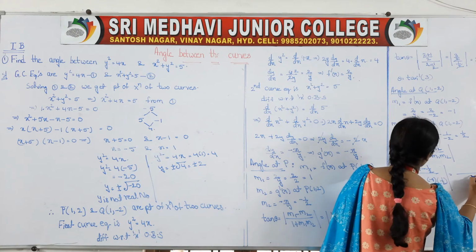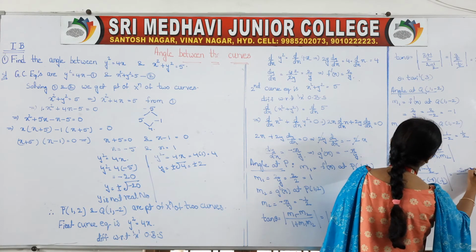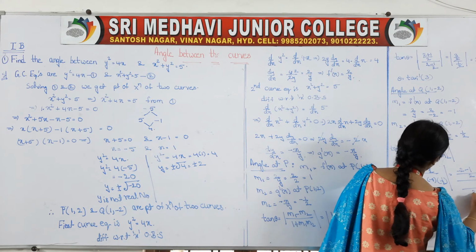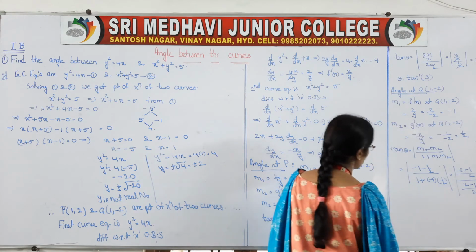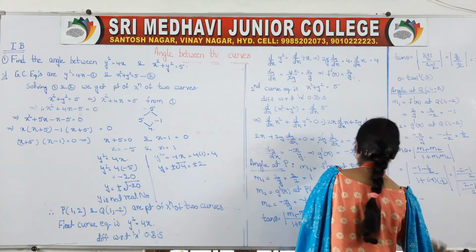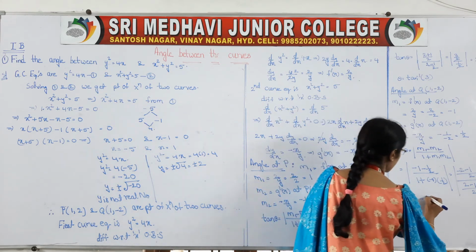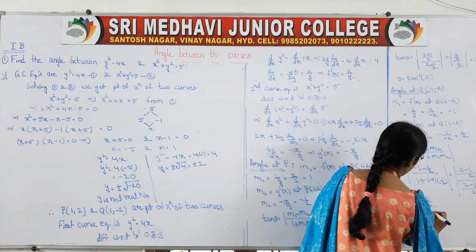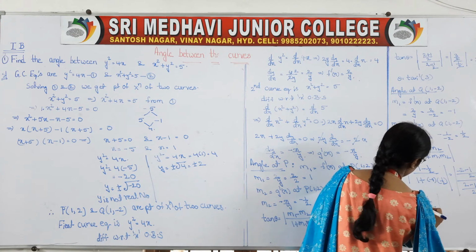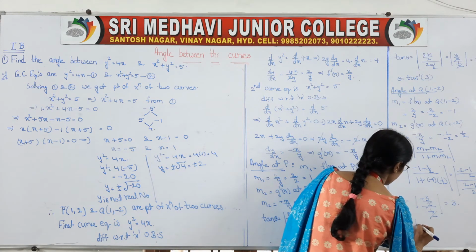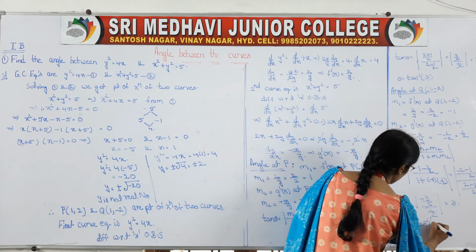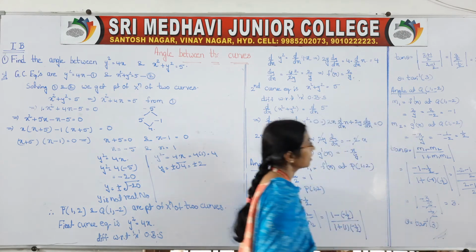So 1 plus M1 M2, where M1 is minus 1 and M2 is 1 by 2. Taking 2 as the LCM, this is minus 3 by 2 over 1 by 2. The 2s cancel, this is 3. So theta is equal to tan inverse of 3 is the answer.